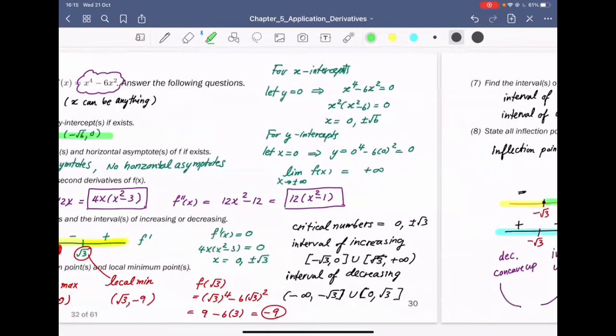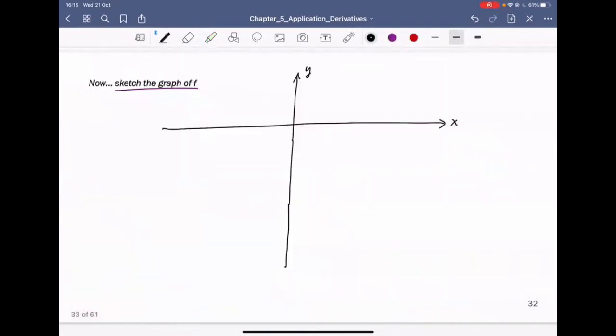I have 0, 0 here. Square root 6 is about 2 point something, so 1, 2, 3, 2 point something here, square root 6. And -1, -2, -3, so here it's negative square root 6, 0.